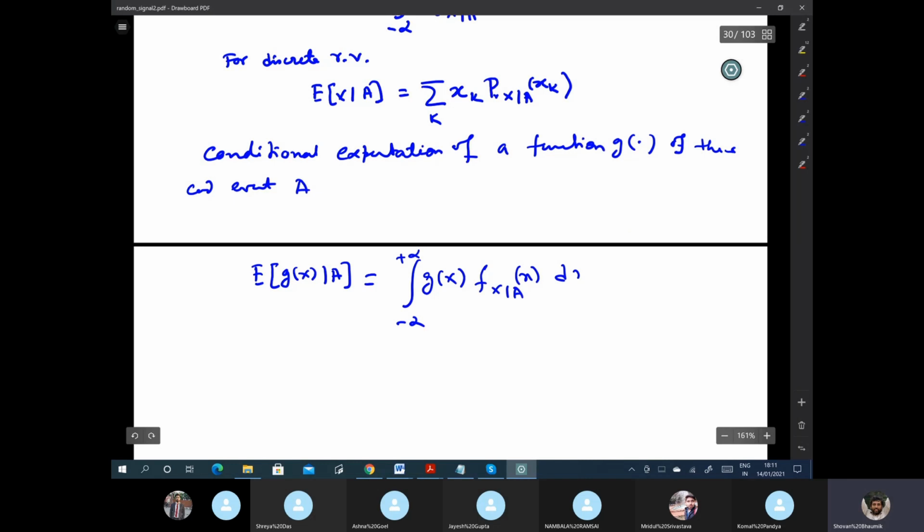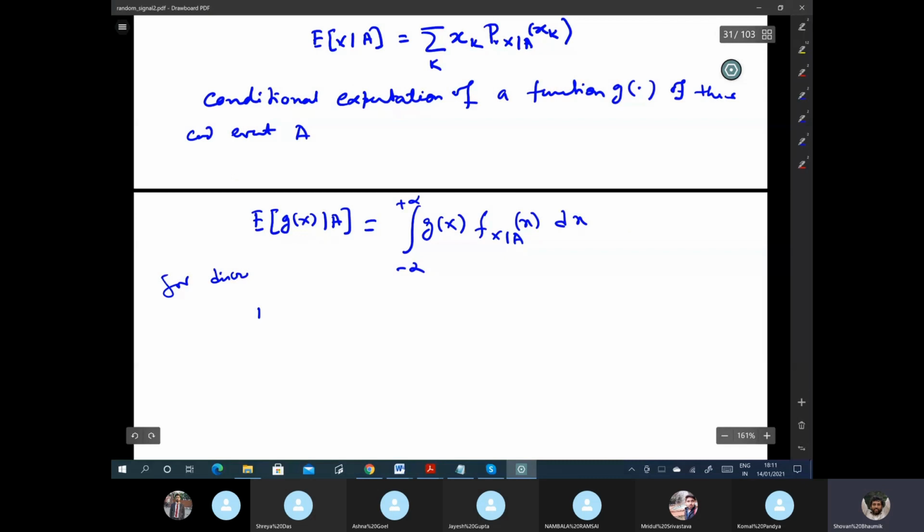For discrete, it is the sum over k of g of x k times p of x k. Understood?